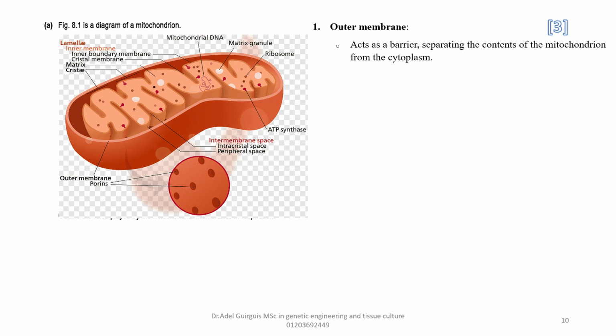So the outer membrane acts as a barrier, separating the contents of the mitochondrion from the cytoplasm. It contains protein channels, porins, that allow small molecules such as pyruvate to enter to reach link reactions and then the Krebs cycle.